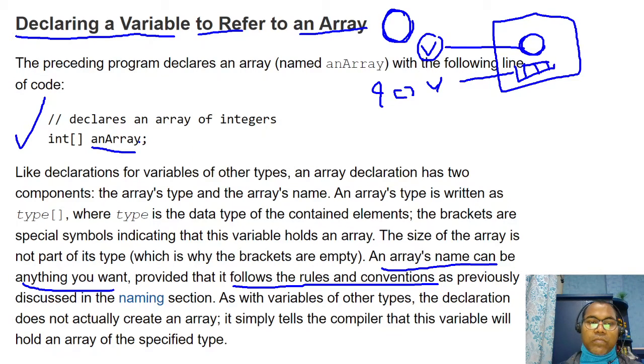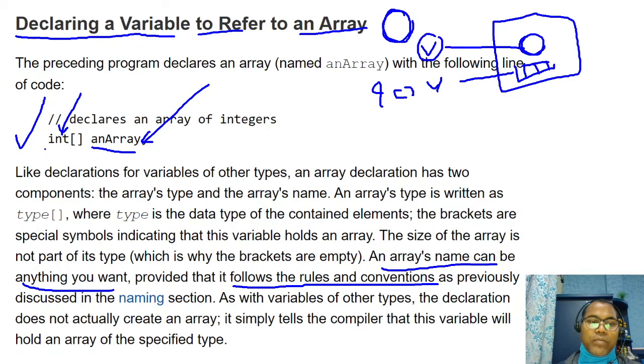If you want to declare a variable of an array type, you give it a name. First you have to identify which type of value you are going to hold, integer, float, or character.